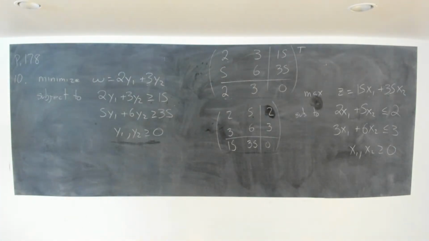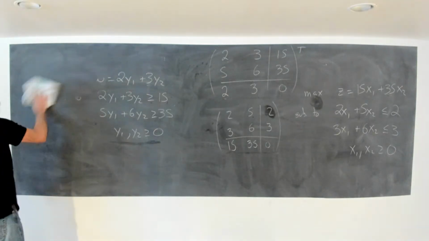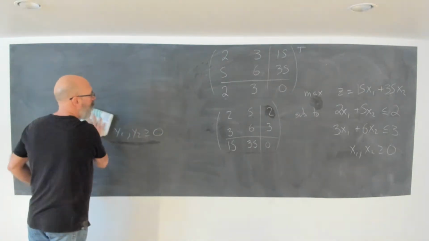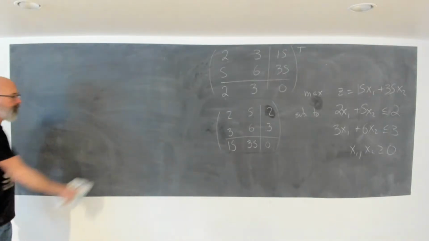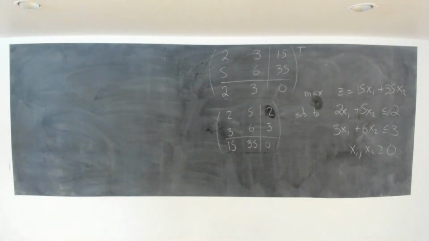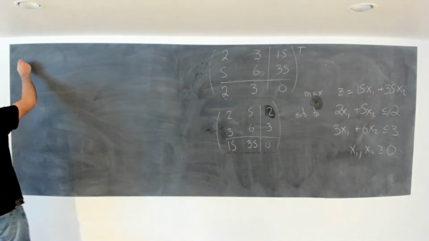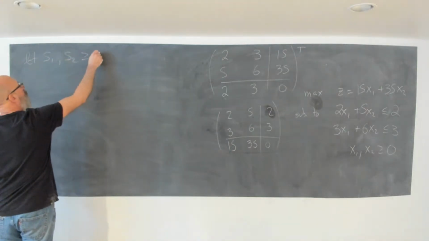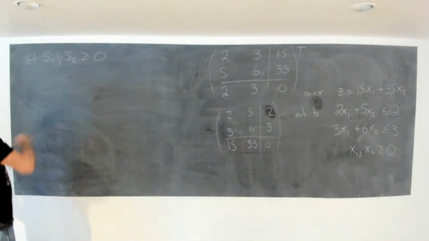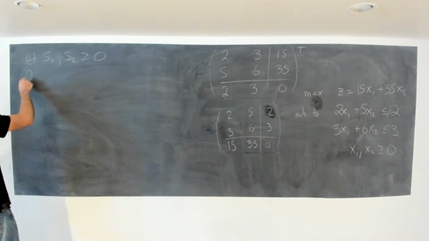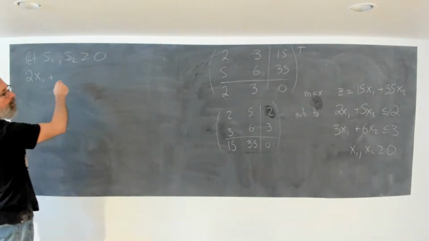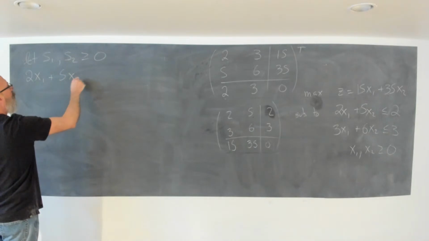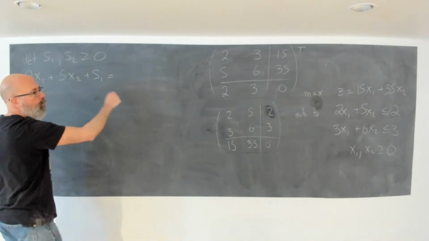So let's solve this now, by introducing slack variables which transform the inequalities into equations.